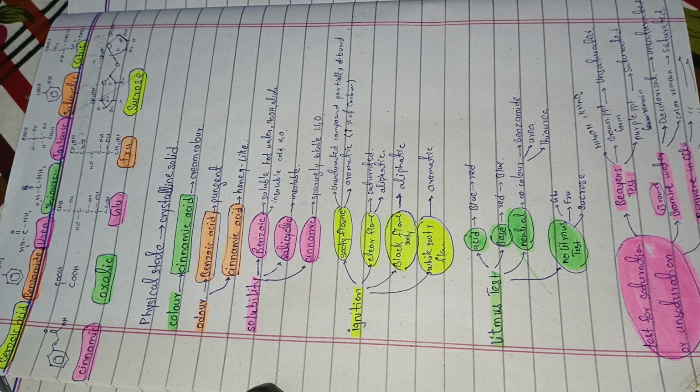In this one video, you have to cover all of these compounds, and we discuss how we can identify them and what types of tests we should perform to identify them.